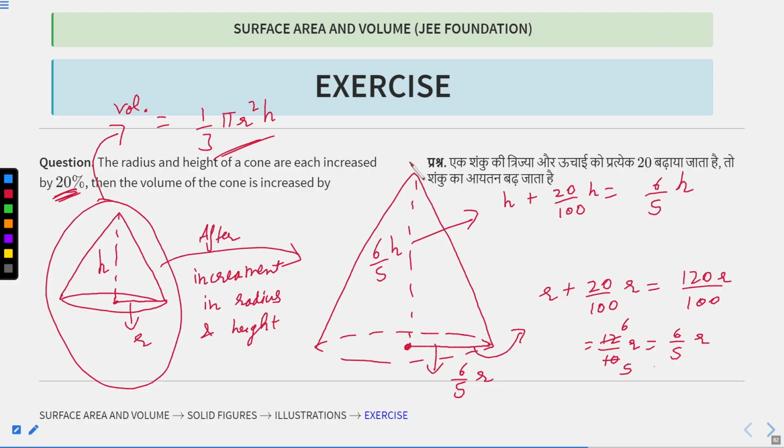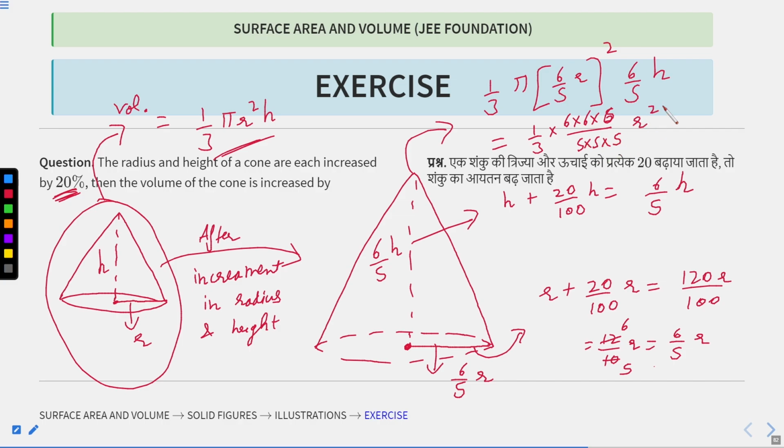Here the volume is 1/3 pi, the radius squared, radius is 6 by 5 r whole square, and the height is 6 by 5 h. By simplifying it we will get 1/3, 6 times 6 times 6 by 5 times 5 times 5 r square h.